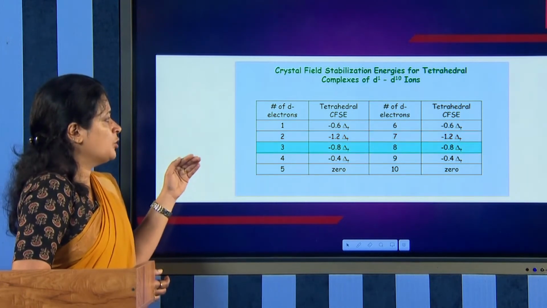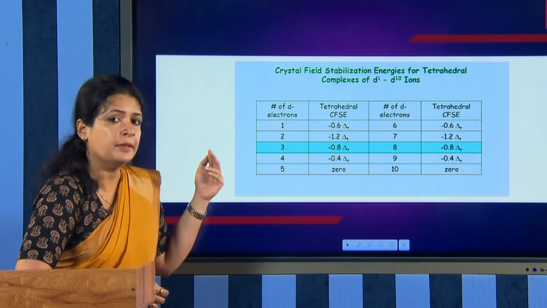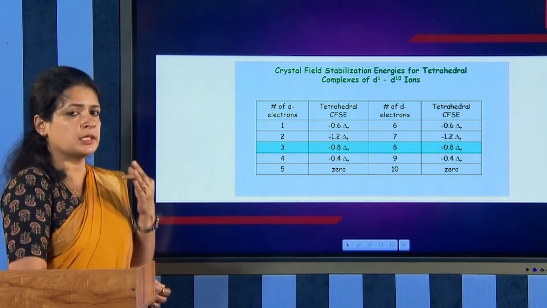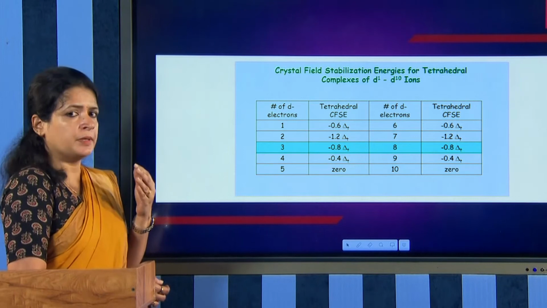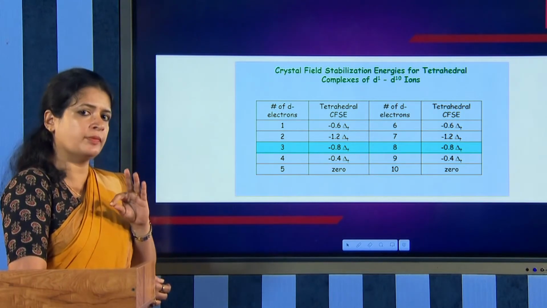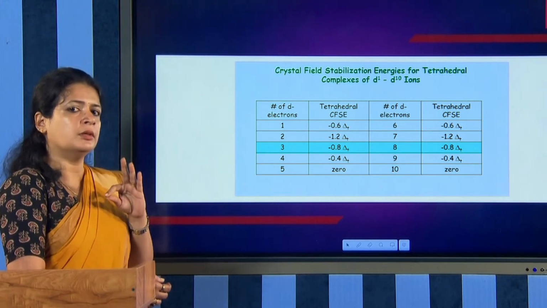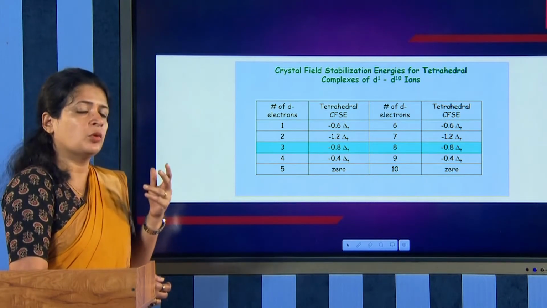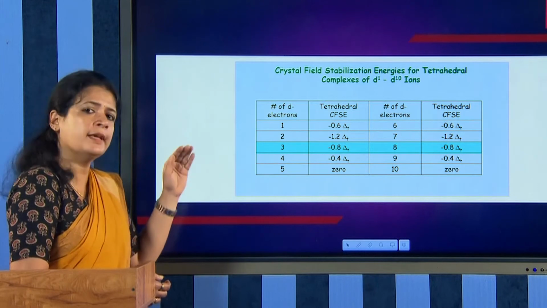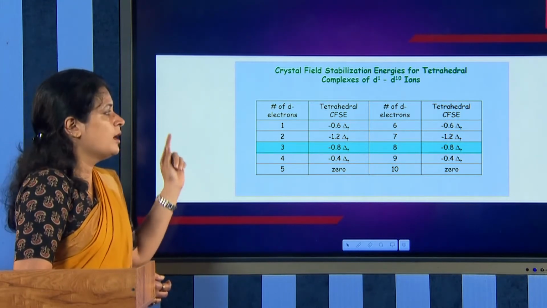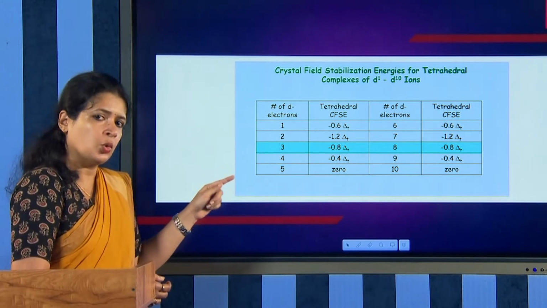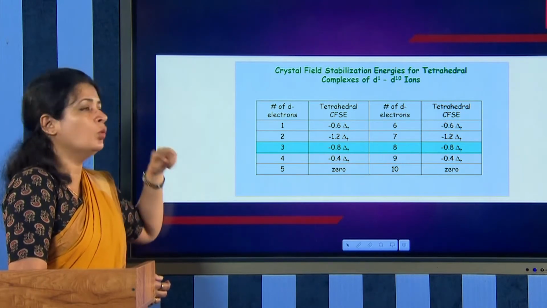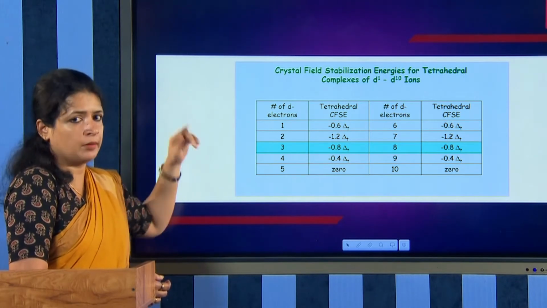And coming to the third case, that is d3, 3 electrons in the E or T2 orbitals, but 3 electrons will not occupy the E orbitals, because tetrahedral complexes are always high spin complexes, which means after the second electron, the third electron will be moving to the higher T2 orbital.